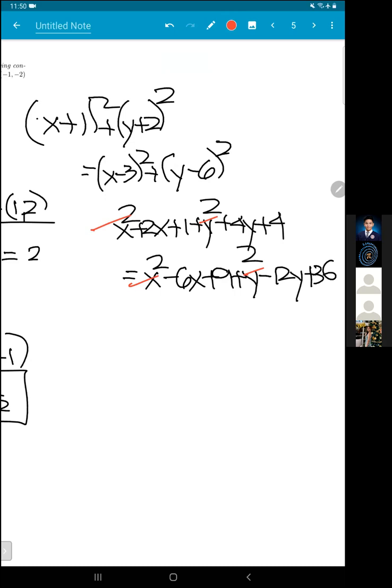Cancel. Then let's transpose y na lang on the left-hand side. So what do you have? 4y plus 12y. Transpose everything else on the right-hand side. 1 and 4. 5.